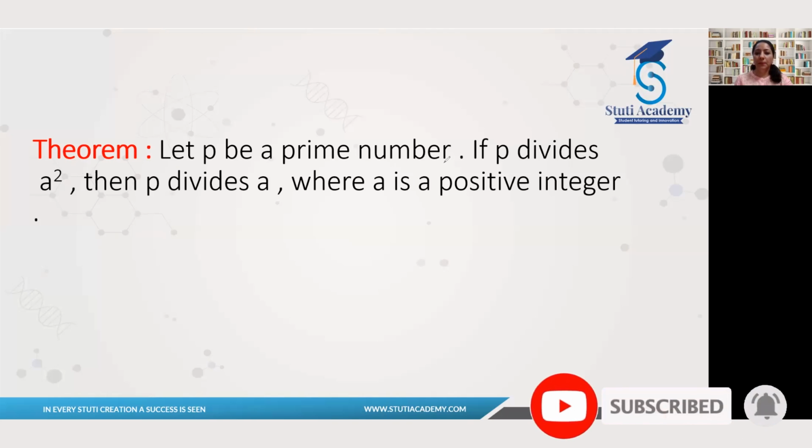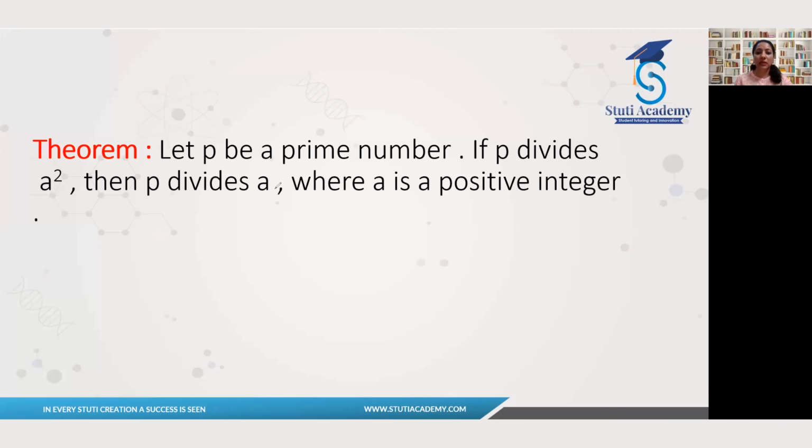Now let us discuss the next theorem. Let P be a prime number. If P divides A square, then P divides A, where A is a positive integer. So let us take a prime number. Let's take 2 here. We are taking 2 as a prime number. And let's take A as any positive integer. So let us take A as 10. Here, as we can see, 2 divides A square.